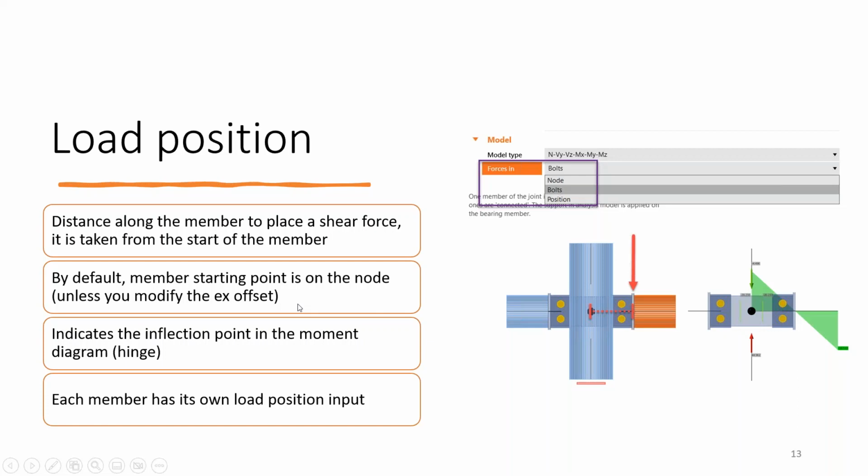So I'll show you that in the software as well. As I mentioned, it indicates the inflection point in the moment diagram. That means the hinge, and each member has its own load position input. So I always recommend to double check the load position input, because this can affect the results in your model, right?